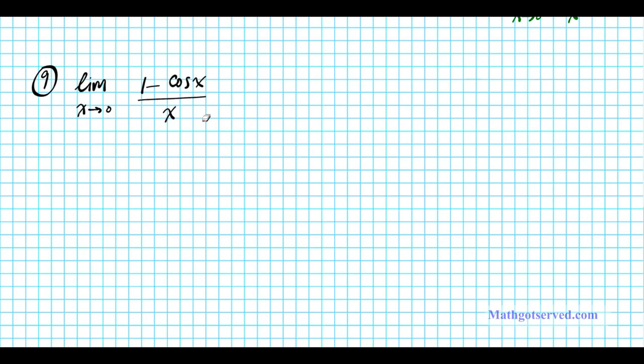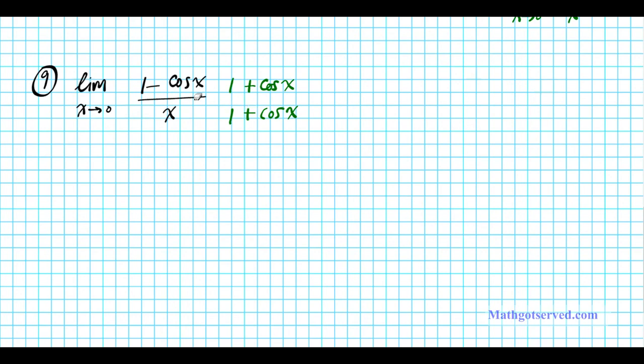So let's go ahead and multiply it by its conjugate. So 1 minus cosine x, I'll multiply by 1 plus cosine x, and then 1 plus cosine x. Now you might wonder, why did I do that? Well, because if I expand it, I can make a trigonometric substitution using the Pythagorean identity.